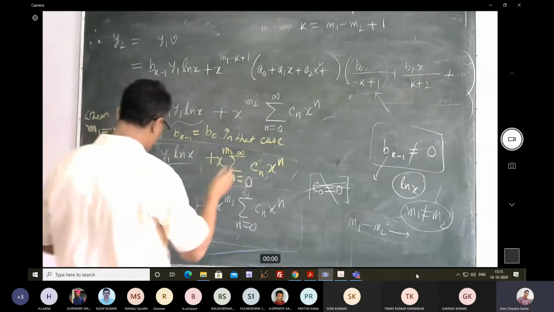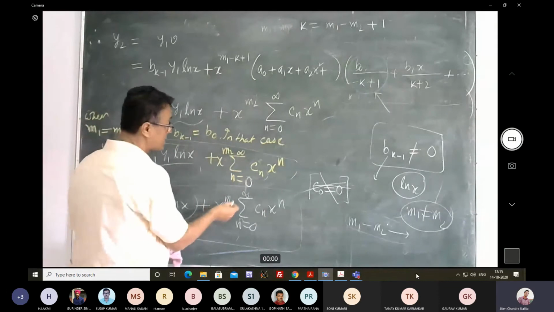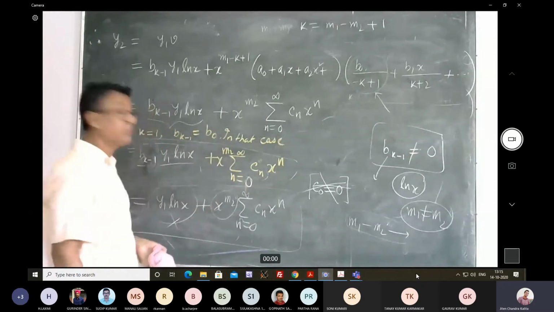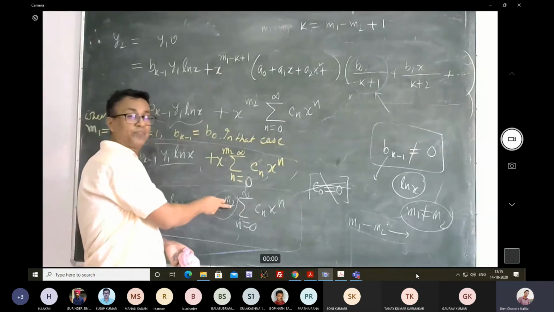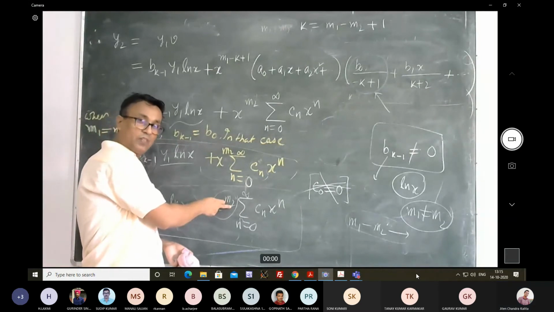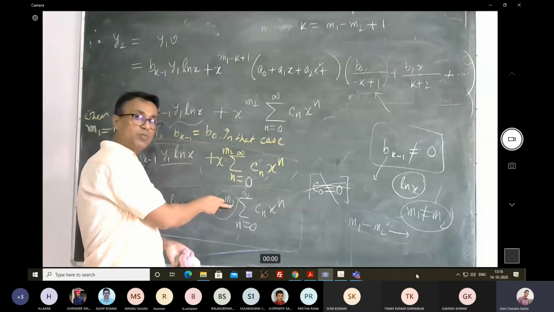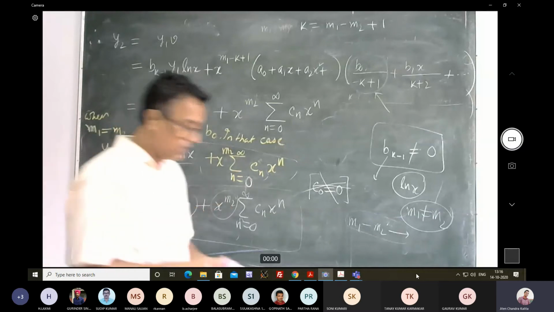And again, you can see that in that case, this x to the power m2, when m1 equals m2, is simply going to reduce to m1.